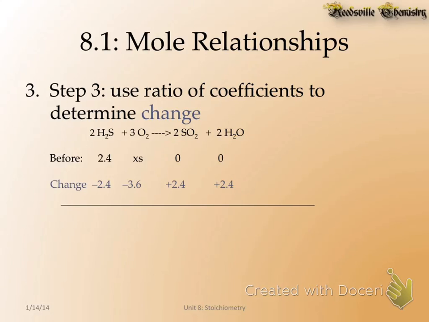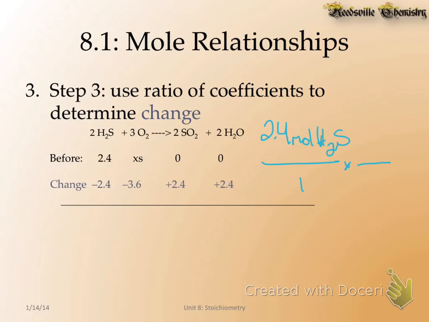When you get to this point, you're going to do a little math on the right side of your BCA table. You'll take that original amount of hydrogen sulfide, 2.4 moles. I'm going to move this over if you don't mind. Here we go. 2.4 moles of H2S, placed over 1.